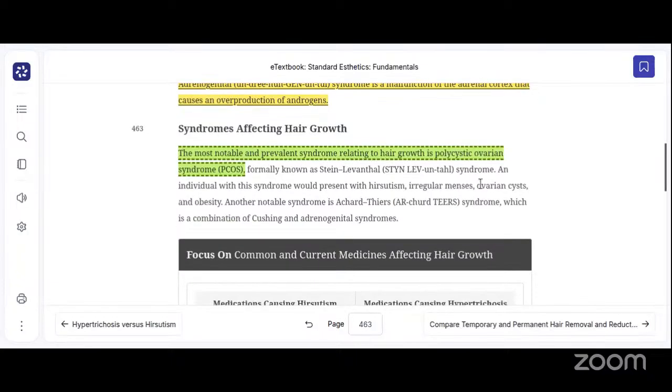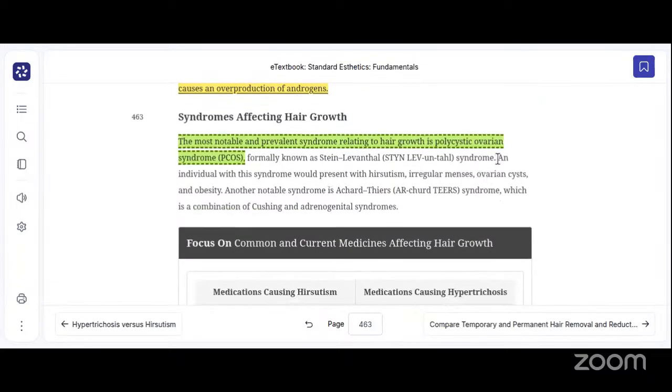Okay, so it's a major window. Some of the major concerns when I see that are irregular cycles, that's menses, ovarian cysts, and obesity.